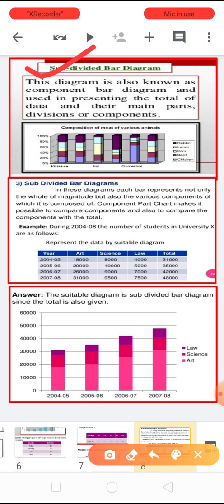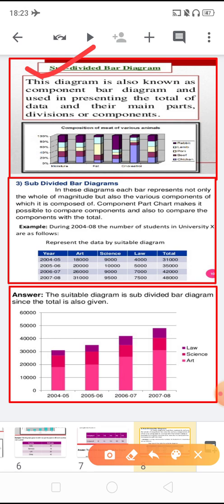I mean, in subdivided bar diagrams, we simultaneously show the part values as well as the total value of data at the same time.